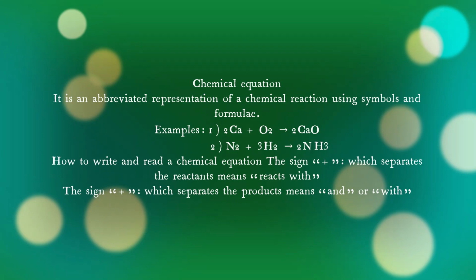So you have to draw a table. A table consists of 3 columns. In column number 1, you have to write the name of the atom. For example, take the equation iron reacts with water to form iron oxide and hydrogen.